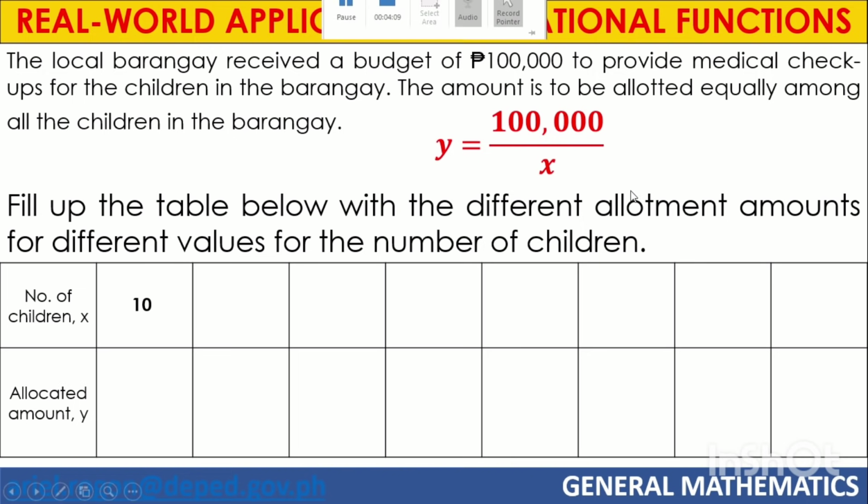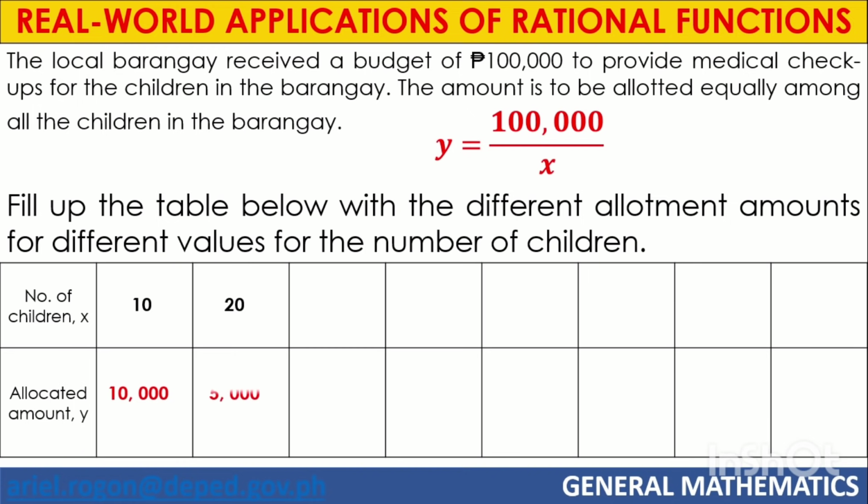So using the function y is equal to 100,000 over x, bawat isa makakatanggap ng 10,000. Paano kung merong 20 children yung barangay na yon? Magkano ang matatanggap ng bawat isa? So makakatanggap sila ng 5,000 bawat isa.